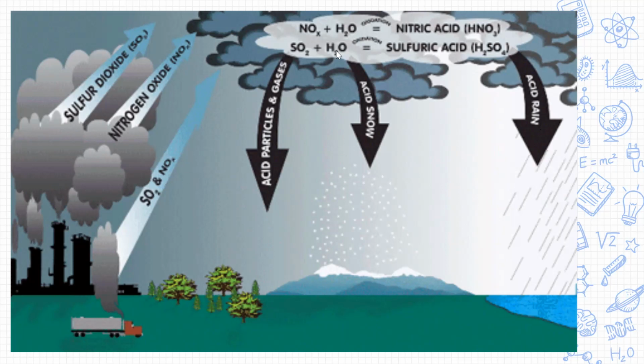Sulfur dioxide plus water will produce sulfuric acid. And these are two of the acids that are produced from acid rain. So these acids will then rain down as acid rain, or they could fall as snow, which is acid snow, and there are also acid particles and gases.